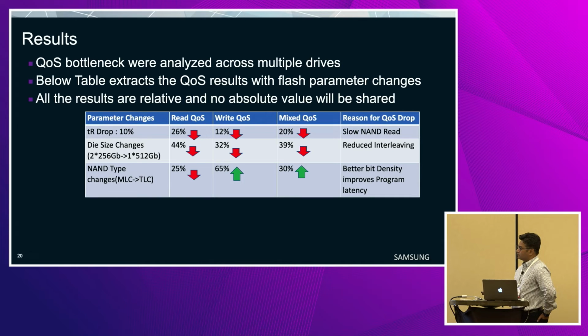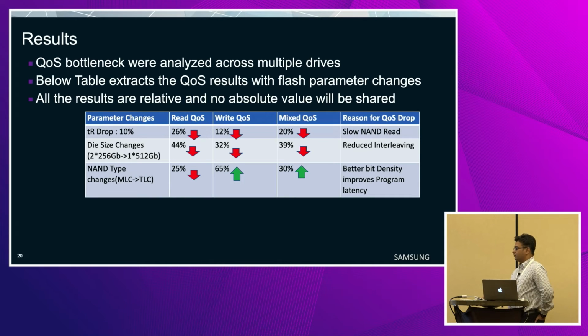Read is highly impacted, and there are a lot of questions from customers for this, around 44%. And write QoS and mixed QoS, again, this is too much drop actually. So we can say it has the highest impact if there is a geometry change.